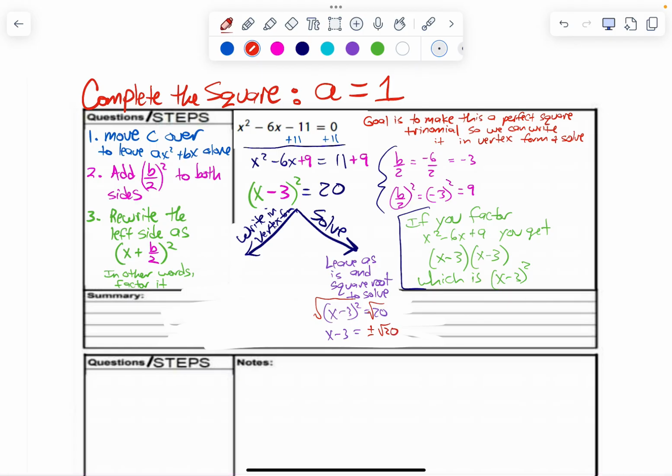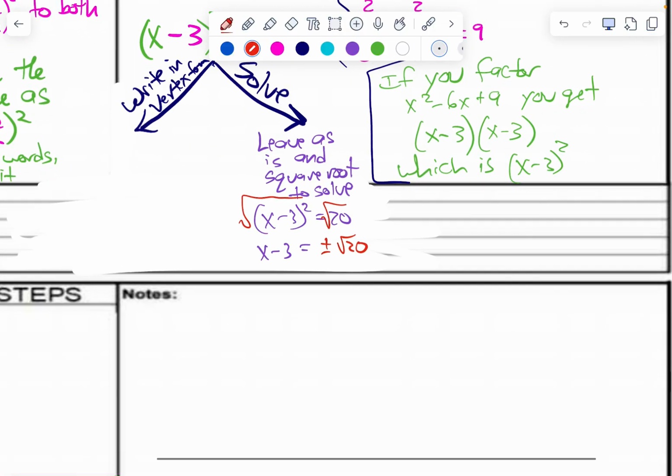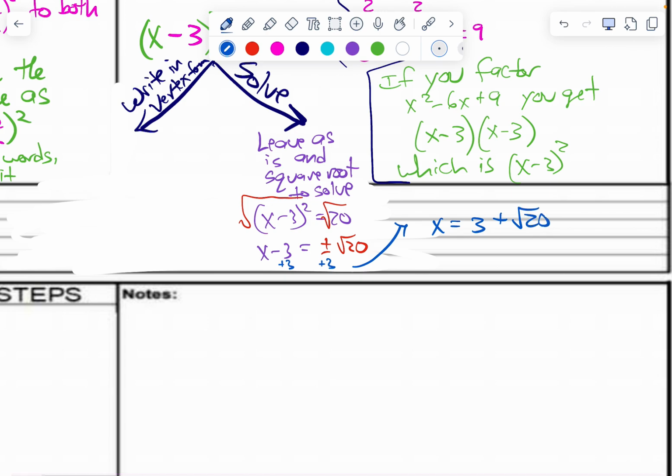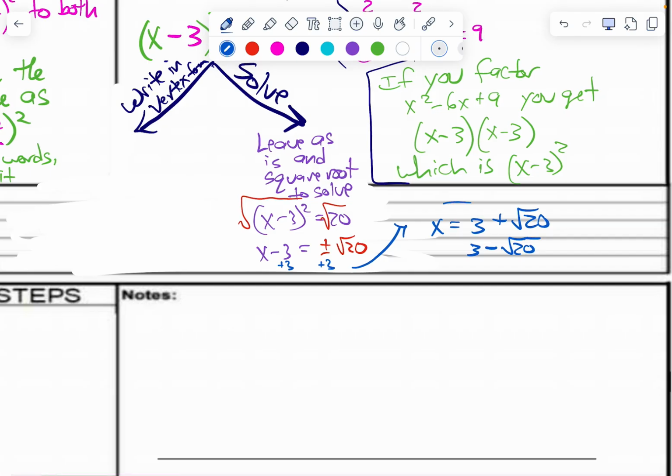And then just add your 3. So this whole process should be fairly familiar. And we'll get x equals 3 plus root 20 and 3 minus root 20. That's the plus or minus, okay? So if we're solving, just leave it alone. You don't need to move stuff around. And you just go ahead and square root to solve.